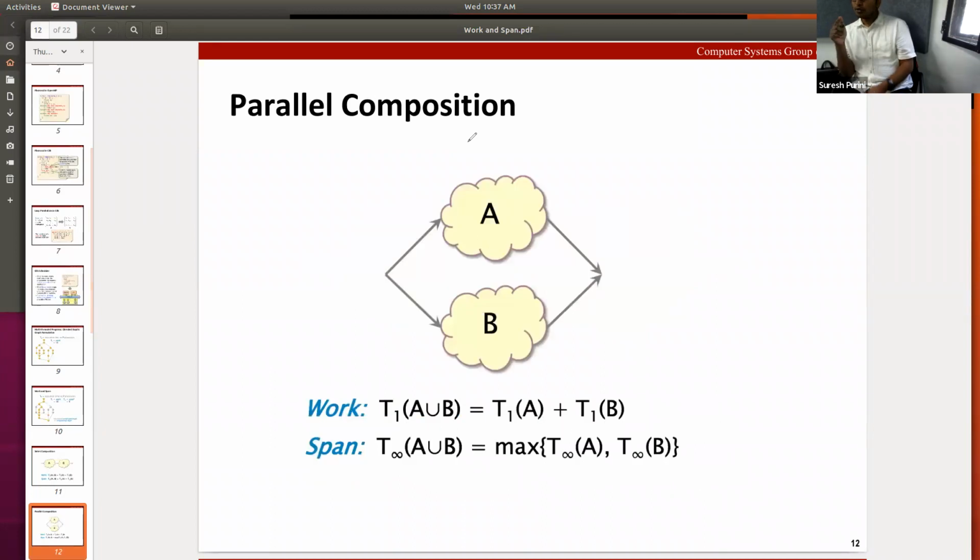If we compose the functions in parallel, then the total amount of work is still the same: the work in A plus the work in B. But the critical path is the max of the critical paths of A and B. That is how the span is defined. This is the parallel composition.